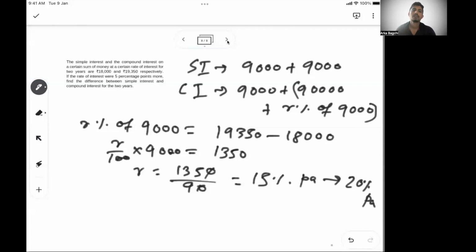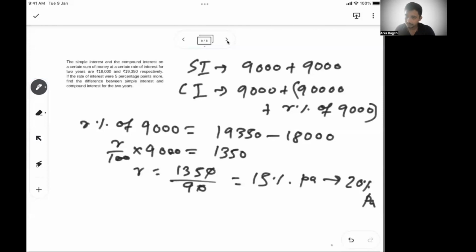So your rate of interest is 20% per annum, right? Now you need to first calculate the difference that is created because of the first year's interest amount. The first year interest amount is not going to be 9,000 anymore because the rate of interest has changed.